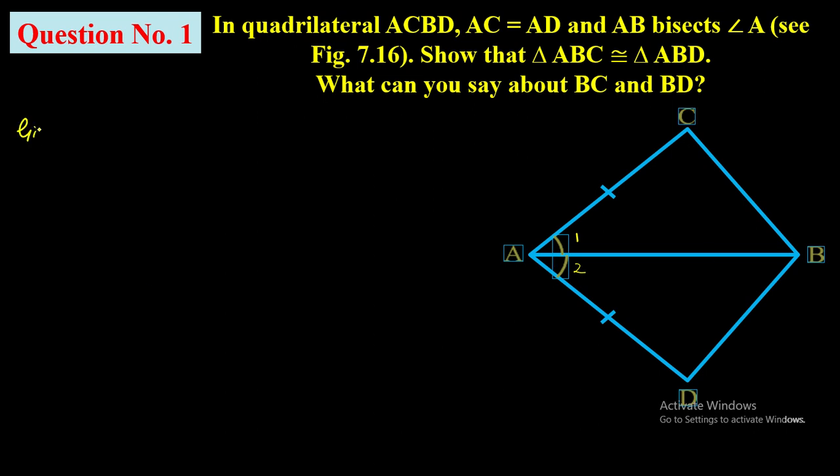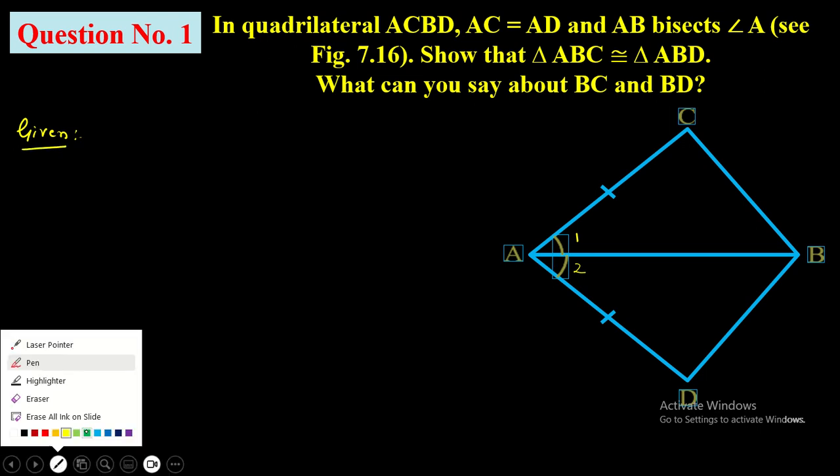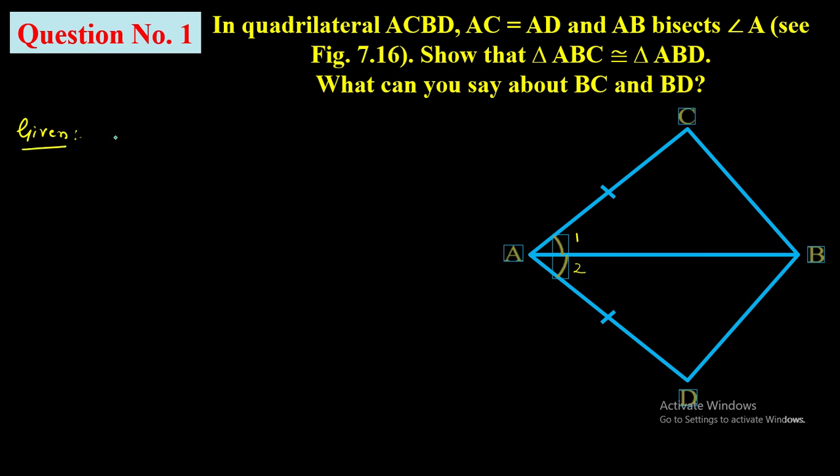So here it's given that ABCD is a quadrilateral, in which AC is equal to BD.